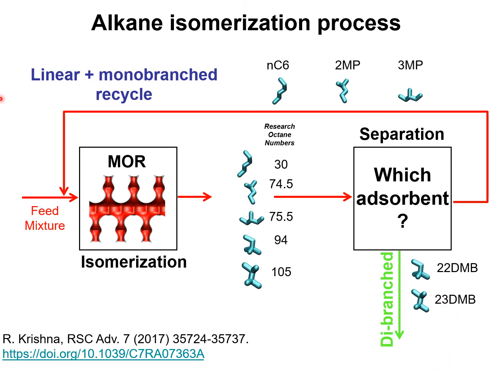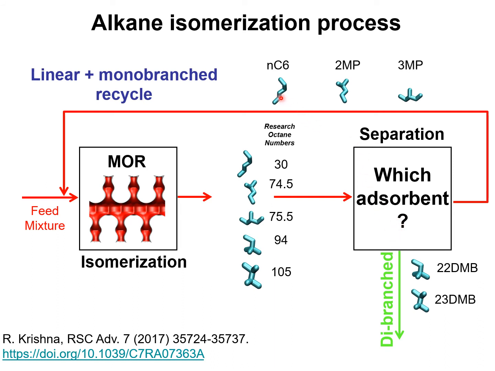And typically, in an alkane isomerization process for octane enhancement, the feed mixture is isomerized using a mordenite catalyst to produce a mixture of the hexane isomers that has to be separated into 2 fractions.